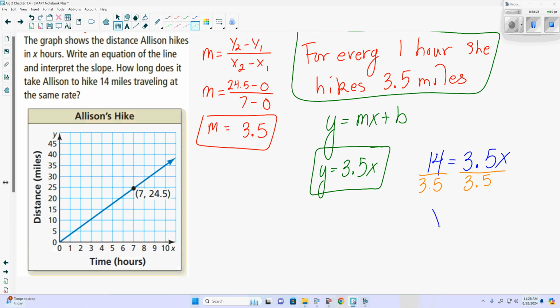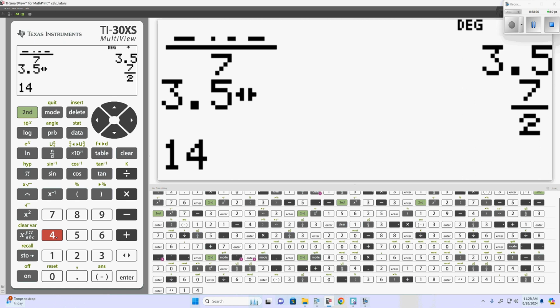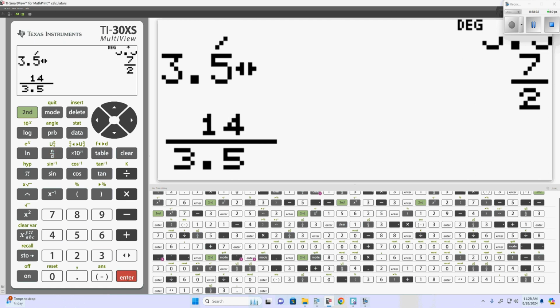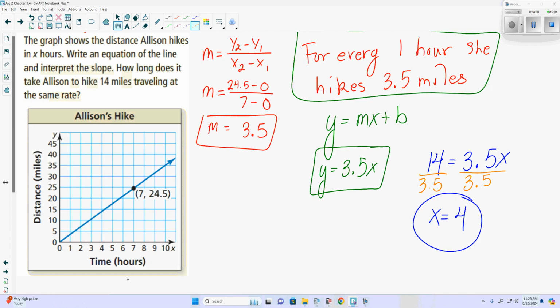And that'll tell us x is equal to, and that's it. We will finish this tomorrow.